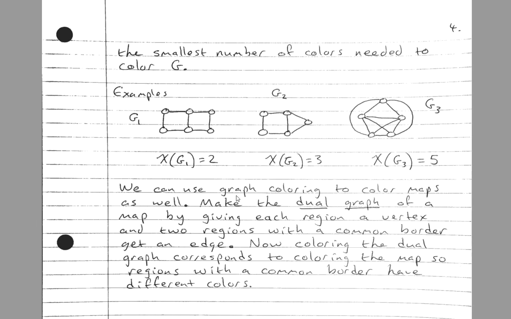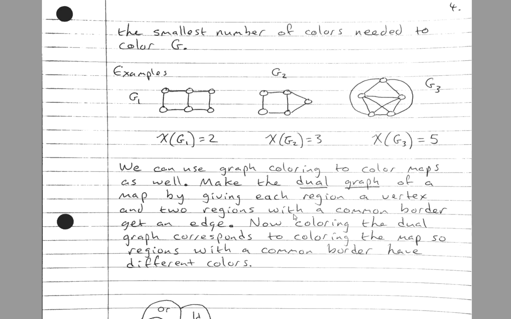We can use graph coloring to color maps as well. You make the dual graph of a map by giving each region a vertex, and then 2 regions with a common border get connected by an edge. Now coloring the dual graph corresponds to coloring the map so that regions with a common border have different colors.